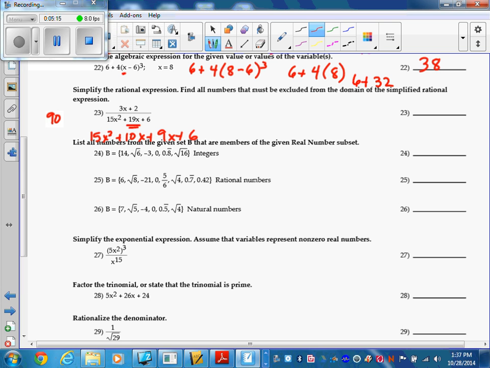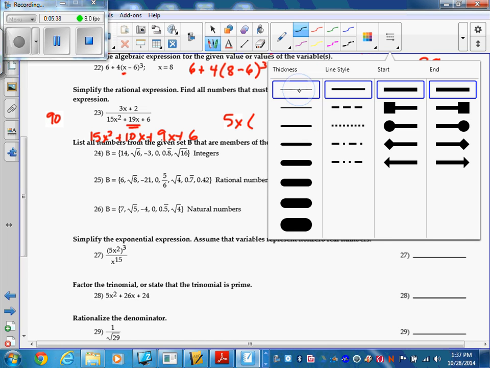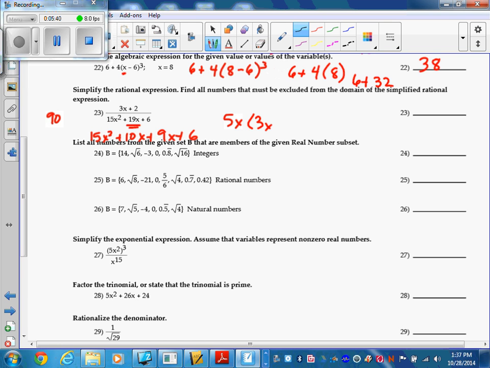So the top we think is factored, but the bottom, let's see, in these two we could do a 5x. So 5x times, so that's 3x actually, isn't it? 3x plus 2, and then plus 3 times 3x plus 2.